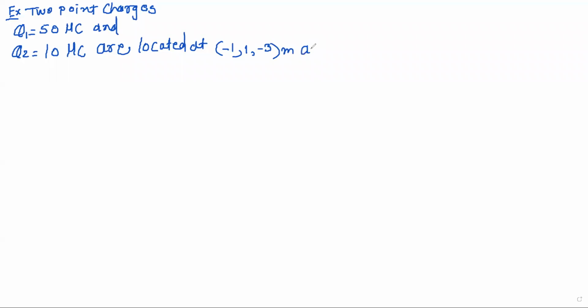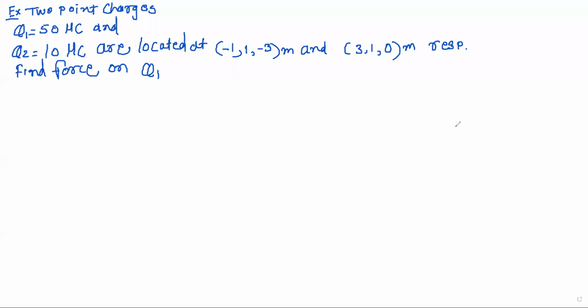And 3, 1, 0 respectively. Means what? Q1 is located here and Q2 is located here. That is the meaning of respectively. Find the force on Q1. So the problem is to find the force on Q1.